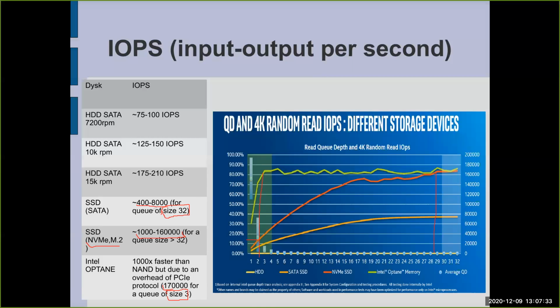The difference between an SSD with SATA, serial ATA, and an SSD with the NVMe interface relies on the number of parallel channels we can allocate and use to read and write data. Therefore, we can create an SSD capable of transferring data at 600 megabytes per second or several gigabytes per second.